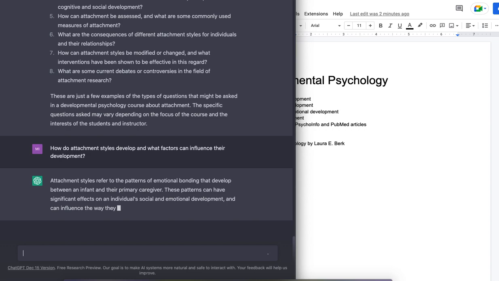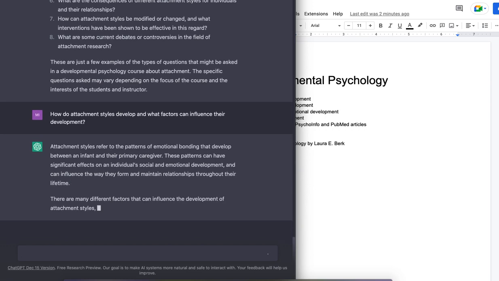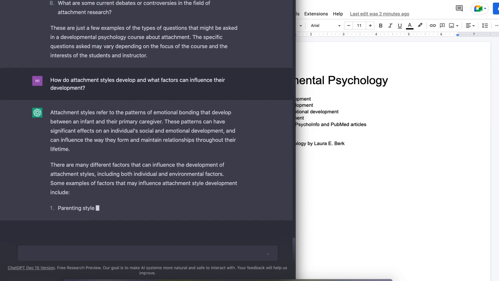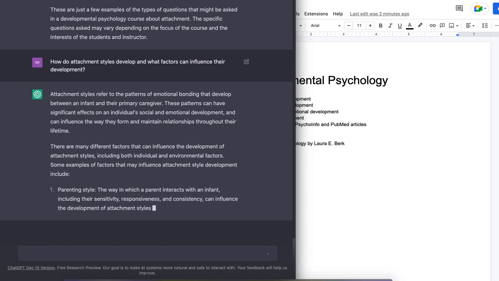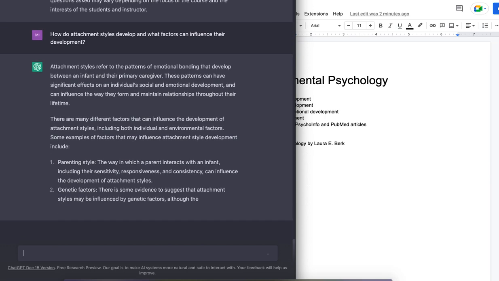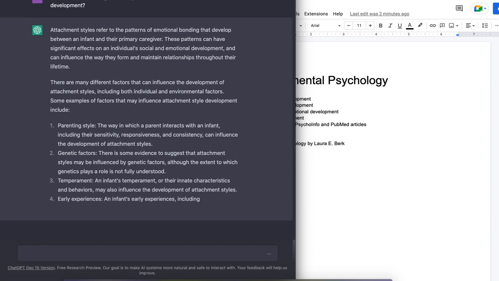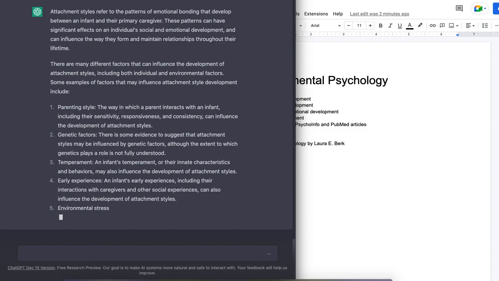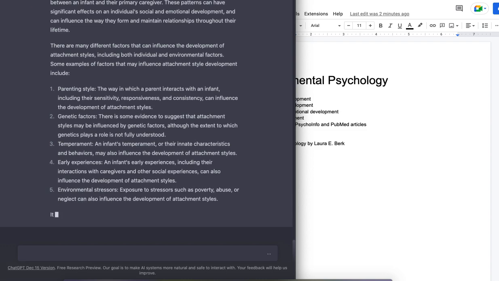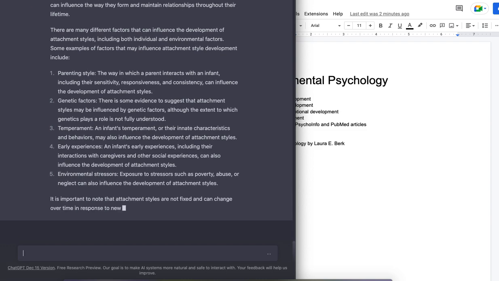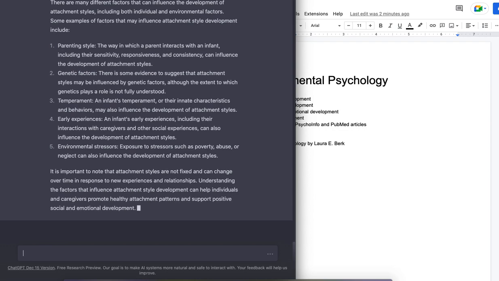So attachment styles refer to the patterns of emotional bonding that develop between an infant and a primary caregiver. The parenting styles, genetic factors, temperament, early experiences, environmental stressors. So you can see you can go down a rabbit hole in any one of these topics.